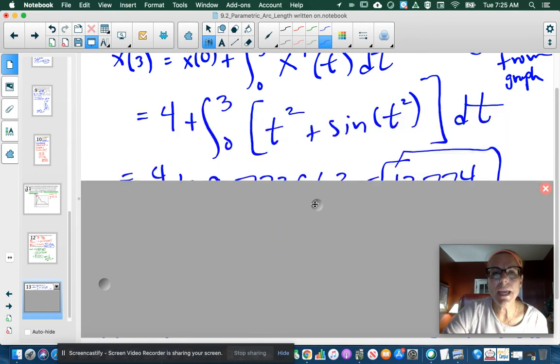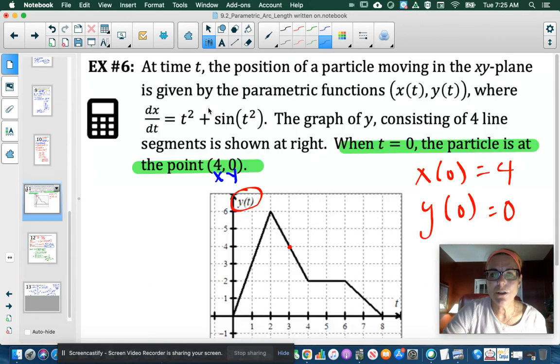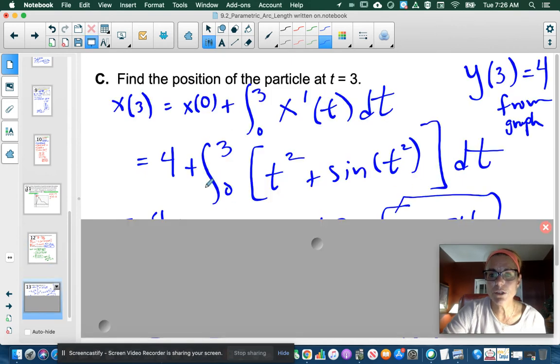So as I scroll down, we know from back here, the initial, x of 0, the initial position of our particle is 4. That was given to us.